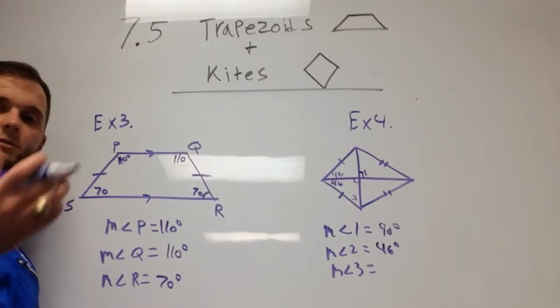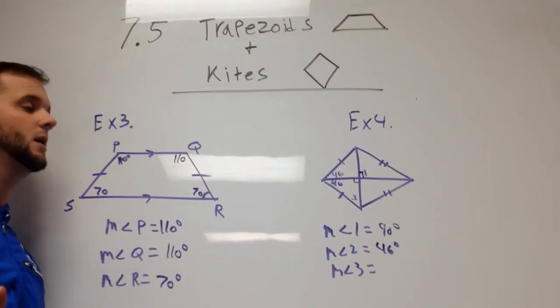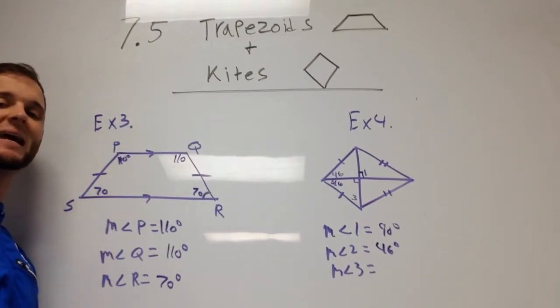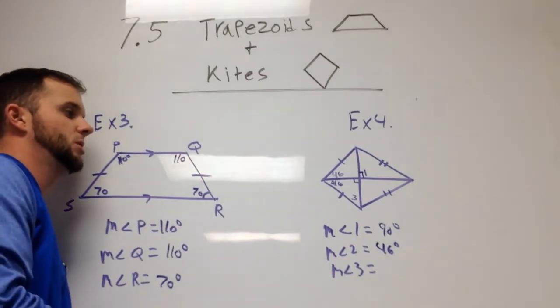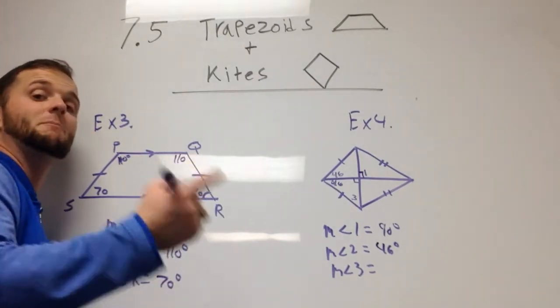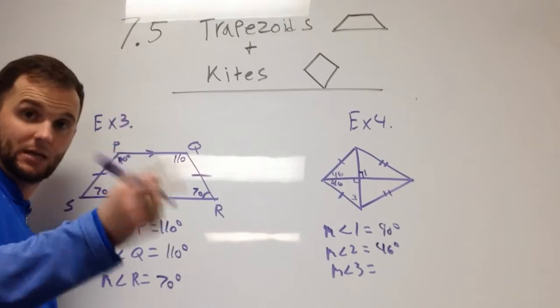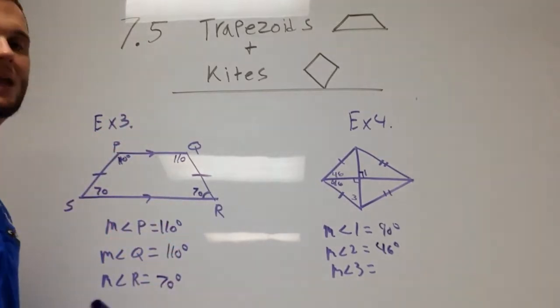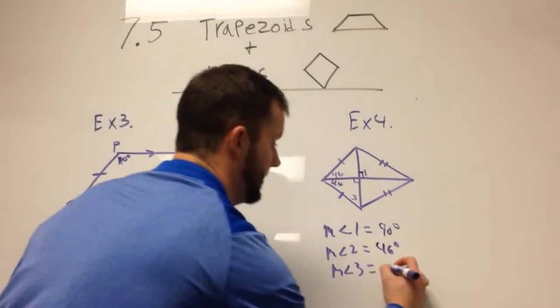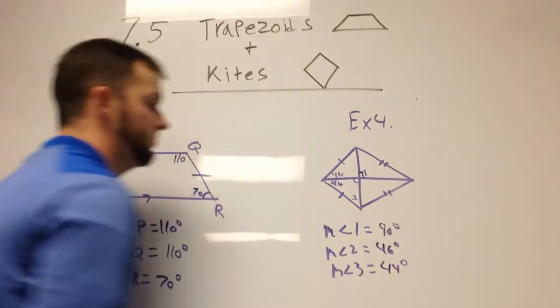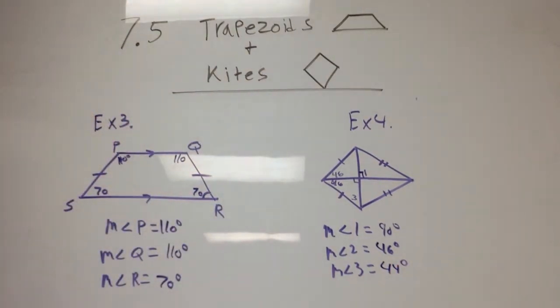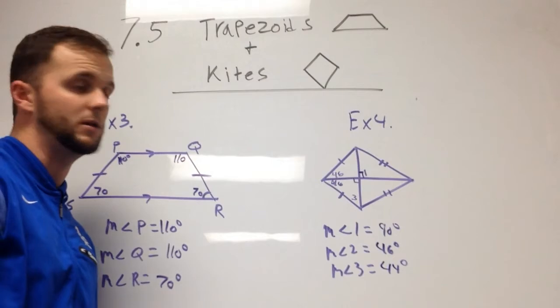And I know all the angles of a triangle add up to 180. So I'm going to do 180 minus 136, and that should give me 44 degrees. So angle 3 is going to be 44 degrees, because those angles add up to 180 degrees. Okay?